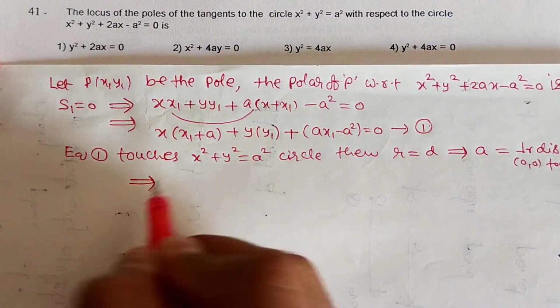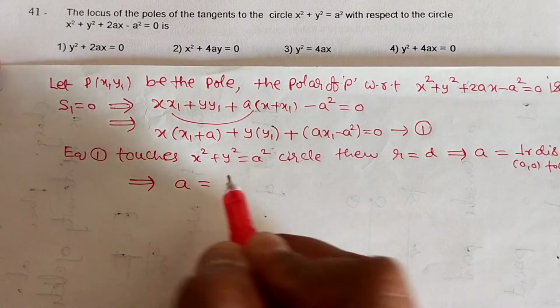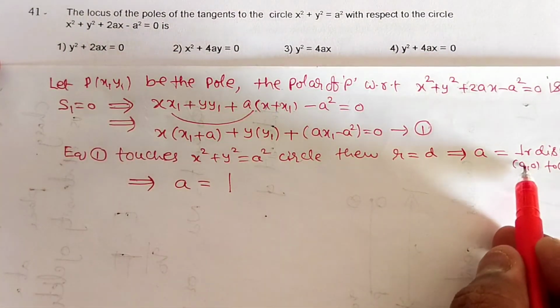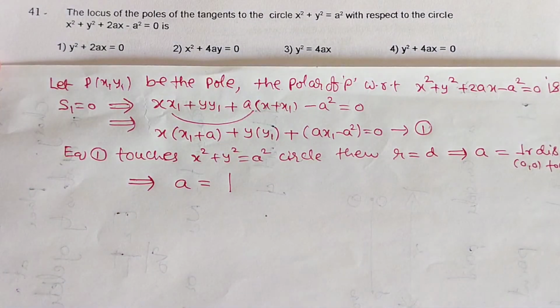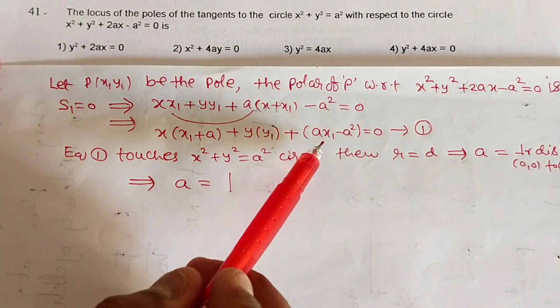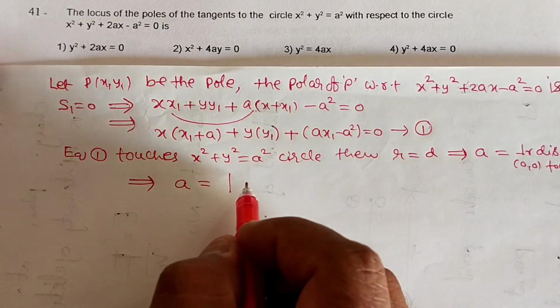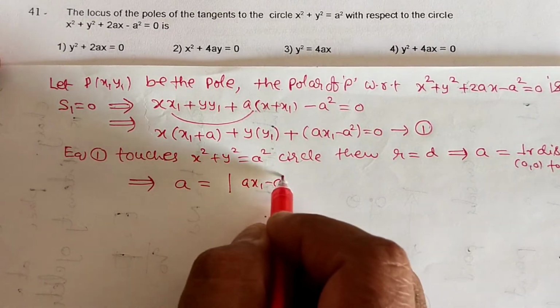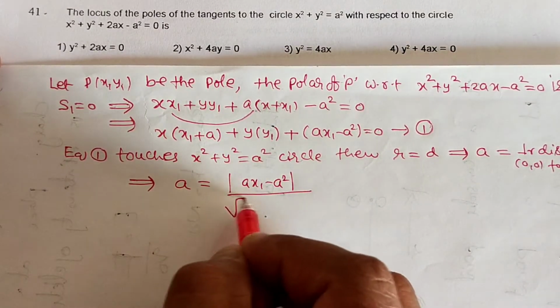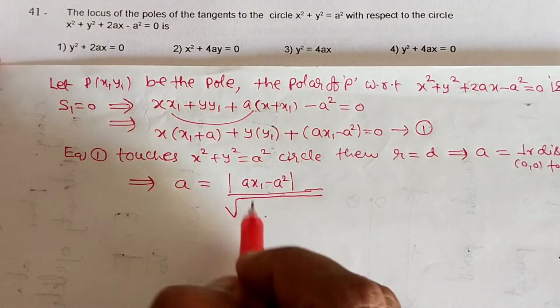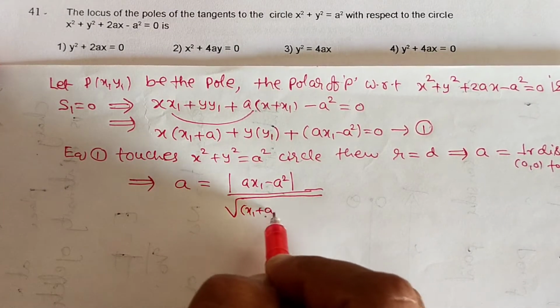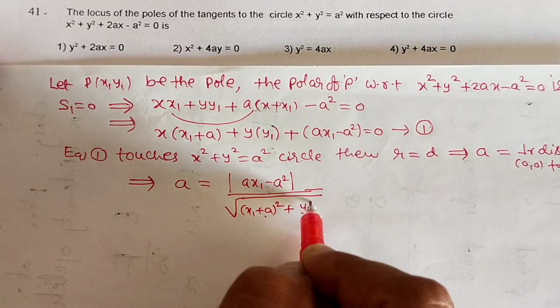So a = mod of the perpendicular distance from origin to the line, that is |c|/√(a² + b²). Now what is the c value here? ax1 − a². So |ax1 − a²| divided by the root of x coefficient whole square plus y coefficient whole square, (x1 + a)² + y1².